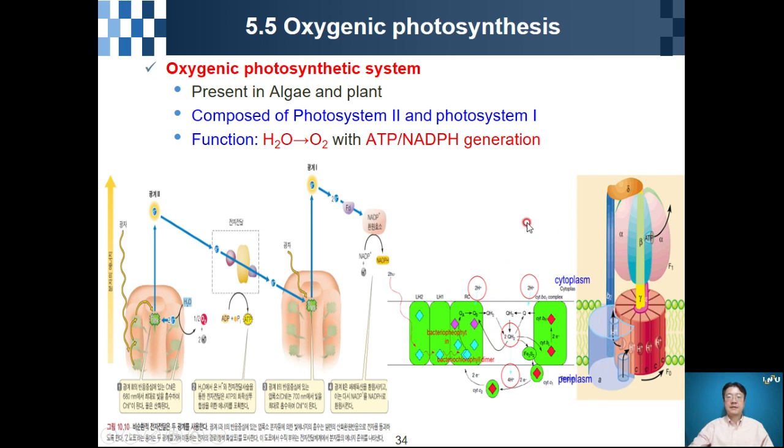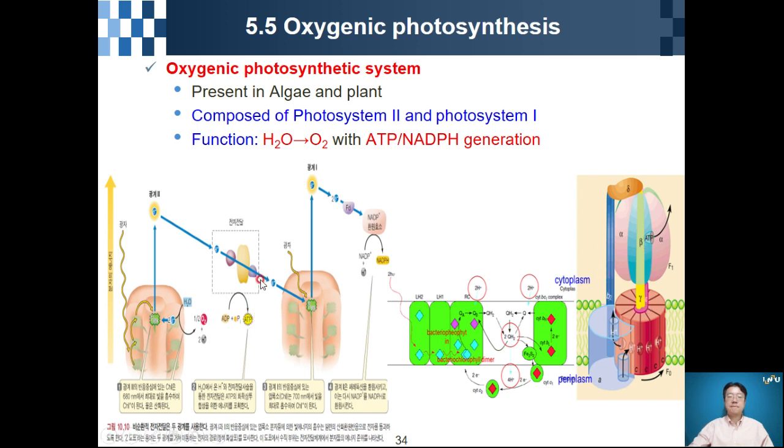So it means that this system is more upgraded than this system. Okay, and they are composed of photosystem 2 and photosystem 1. The main function is that they change H2O to O2, with ATP generation by using the ATPase.